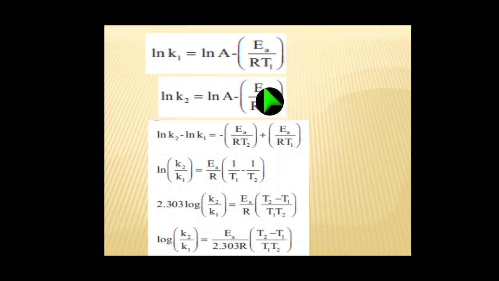Now select these two equations, ln k2 and ln k1, and subtract.